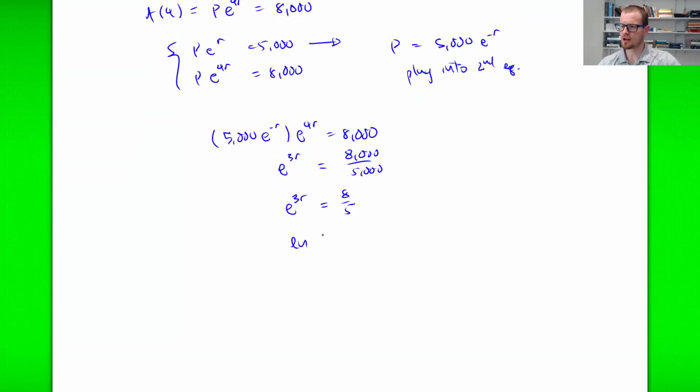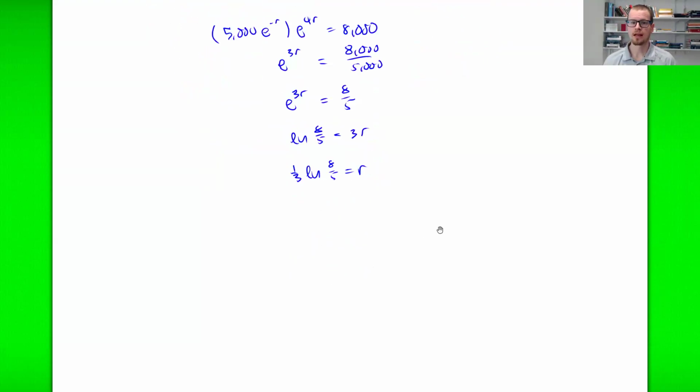So the natural log of 8/5 is equal to 3r. I can divide both sides by 3, so I get 1/3 of the natural log of 8/5 is equal to our growth rate. Excellent.